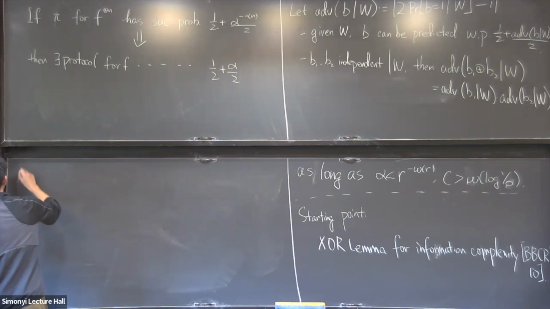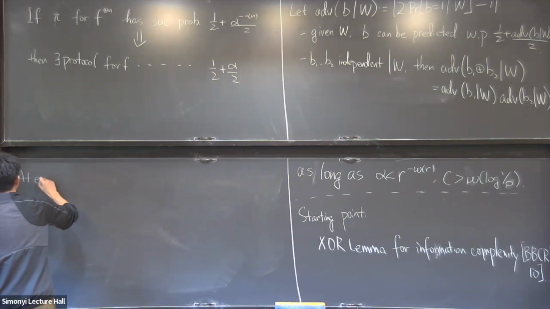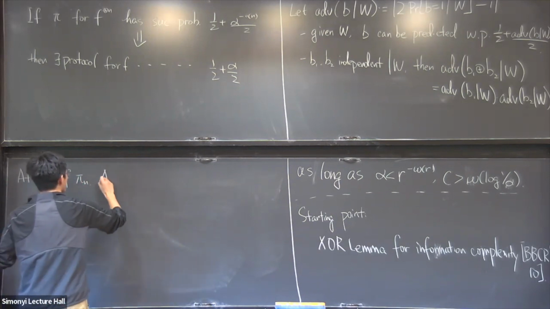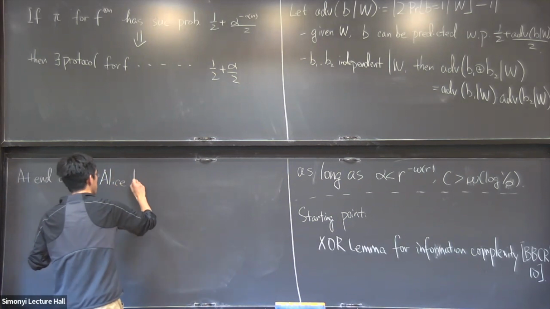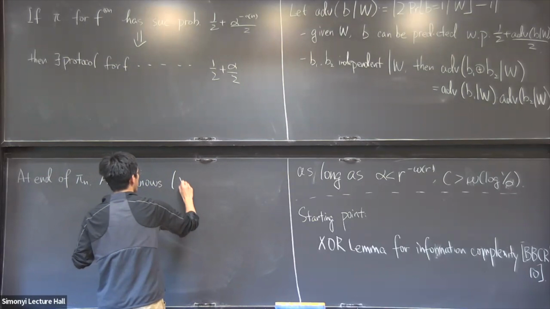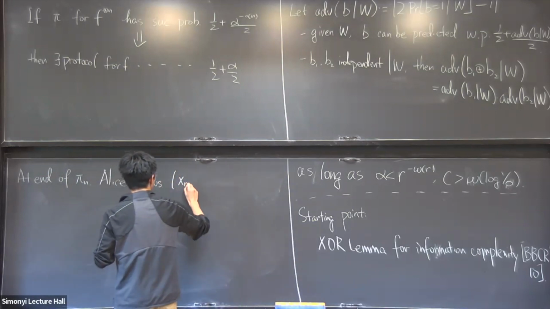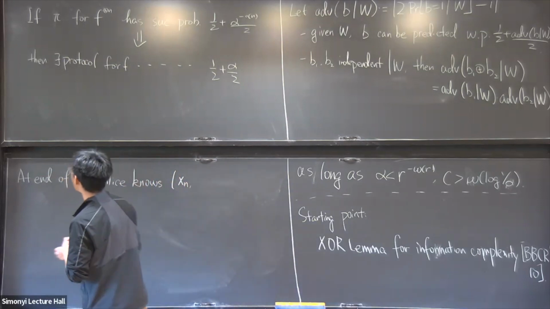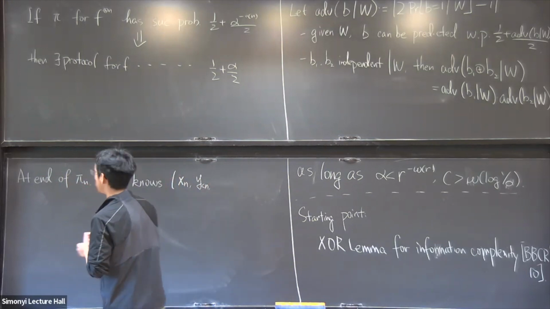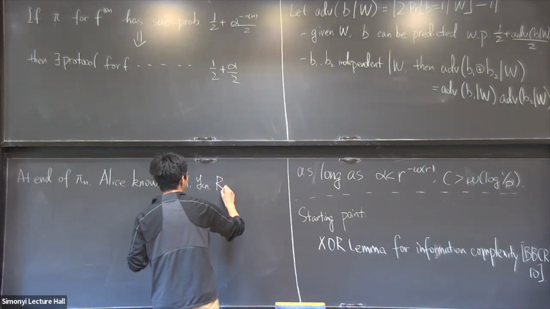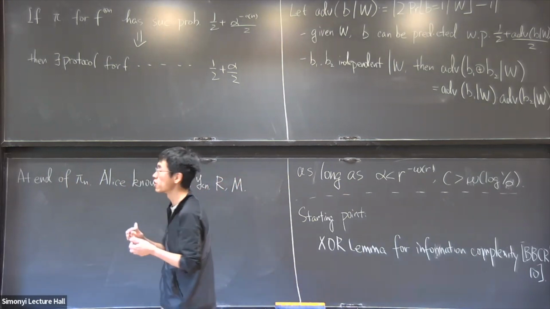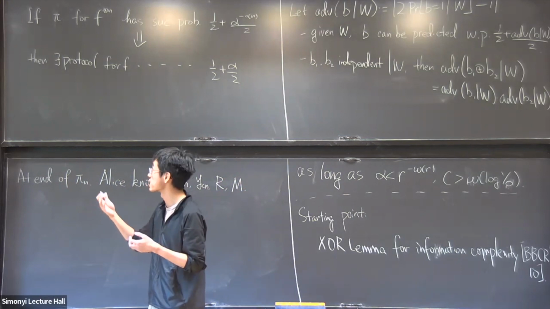In this case, what is the advantage of this protocol? At the end of pi n, what does Alice know? Alice knows her input x n. Alice also knows the publicly sampled y smaller than n. Alice also knows the public random bits used by pi, r, as well as the transcript m. And she also knows the private randomness x smaller than n.